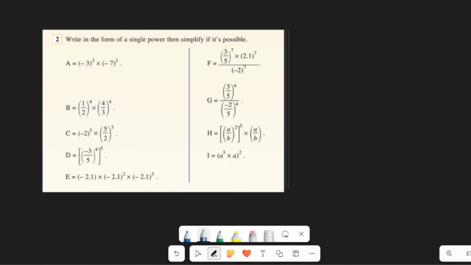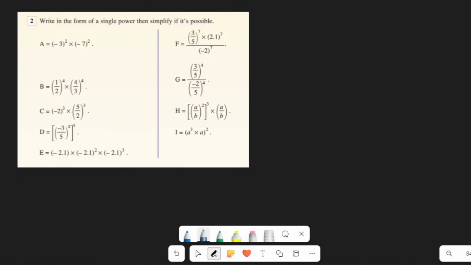Now, let's solve some examples so that we make sure that you understood the concepts. Starting off with this question, where you have to write in the form of a single power, then simplify if possible. So, starting off with A, we have negative 3 squared multiplied by negative 7 squared. The first thing you need to look at is the base.